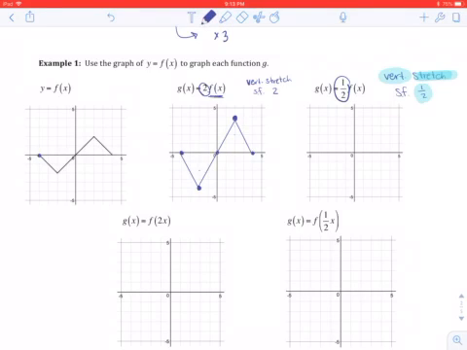That's what that means. So I'm going to take my point at -4, 0, multiply the y by 1/2, and it's still there. I take my -2, -2, multiply the y by 1/2, get -1. I take my 0, multiply it by 1/2, and it's not moving. 2, 2, I multiply by 1/2, and I get 2, 1.